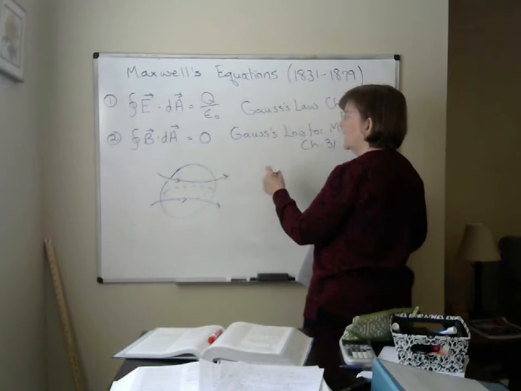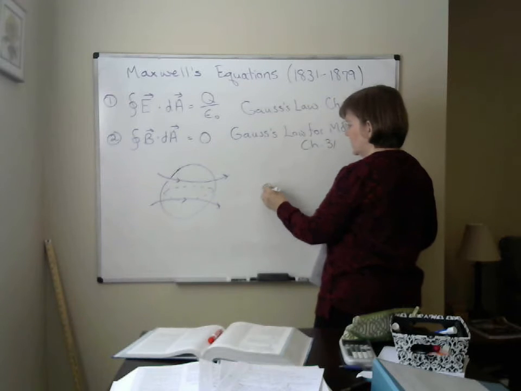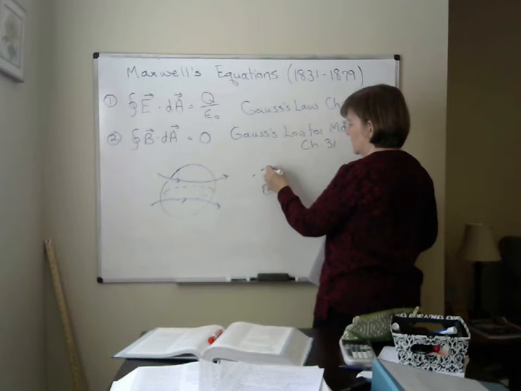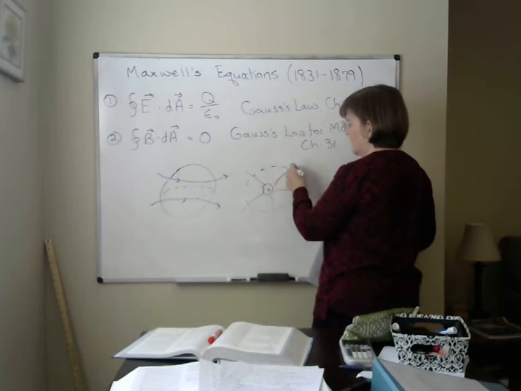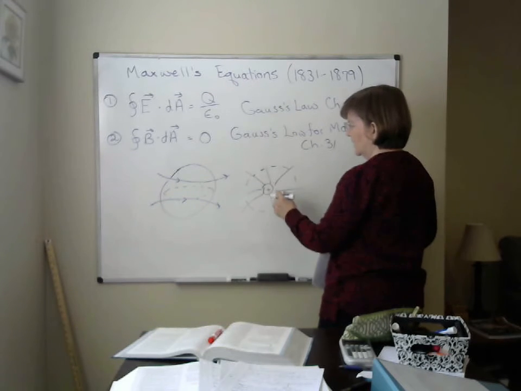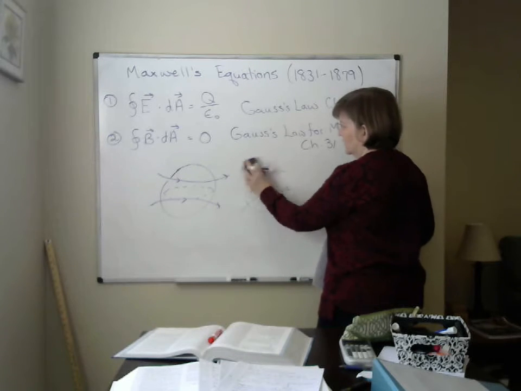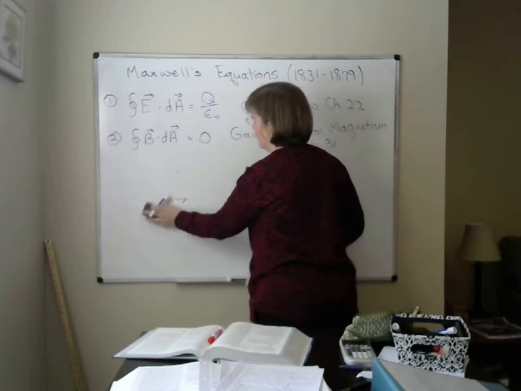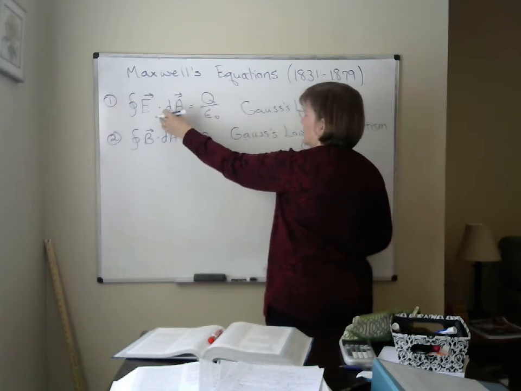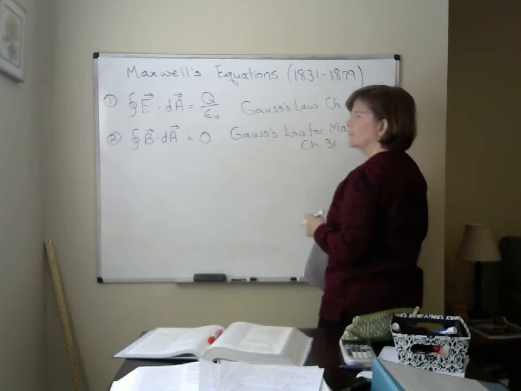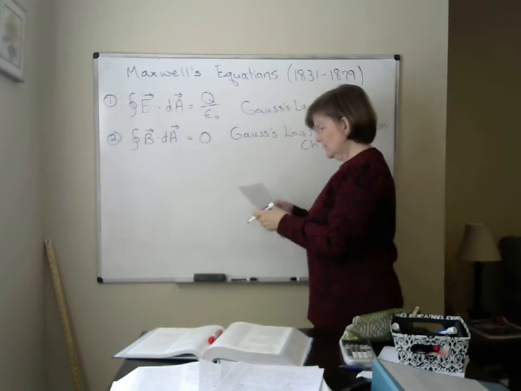That's different than for electricity, because electric field lines actually originate on charges. You can picture a sphere around this, and you'd have lots of lines passing through the surface, but notice these are all going out. So with an electric field, if you have an enclosed charge, this product will equal that enclosed charge. But with a magnetic field, it always equals 0. So that's the second law.